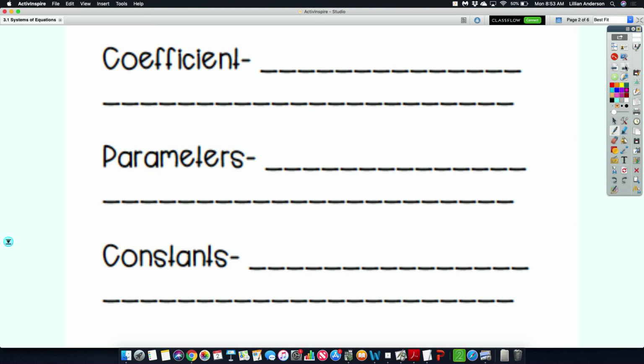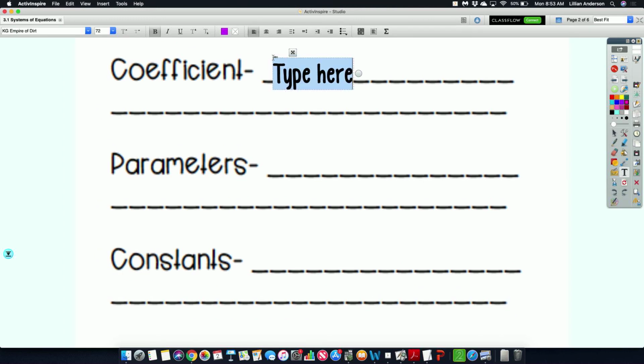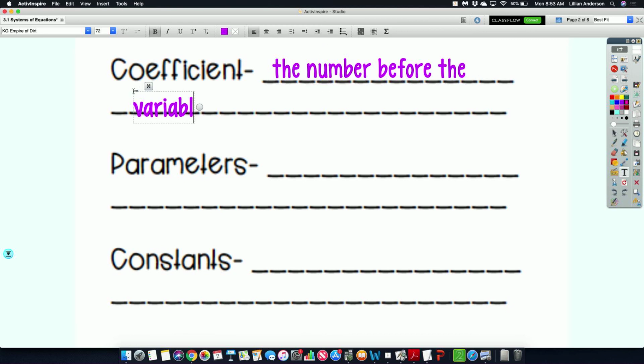The number before a variable. If you think about any type of equation that we deal with, if it's 2x squared, the coefficient would be the... Exactly.